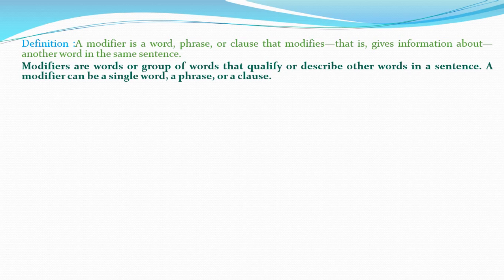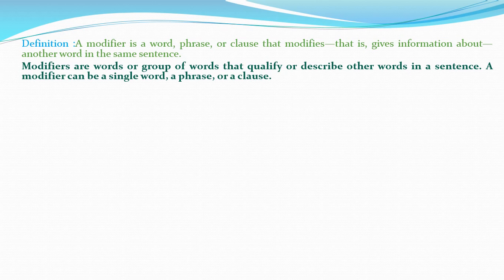In brief, a modifier is a word, phrase, or clause that gives extra information about a word. It works like an adjective or adverb in a sentence, but it is not an adjective or adverb. It is different from those parts of speech.